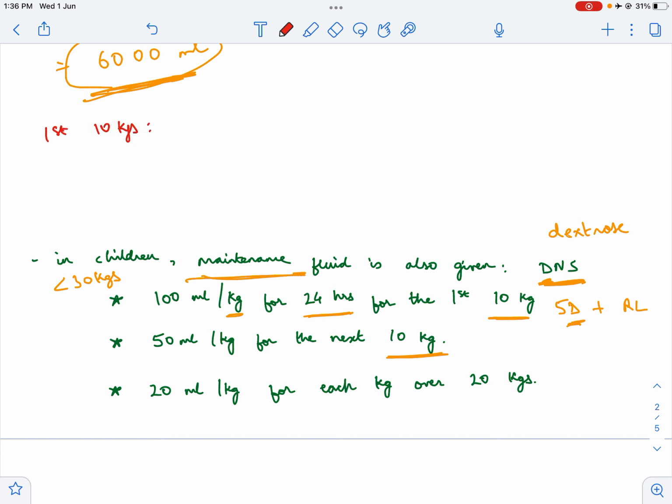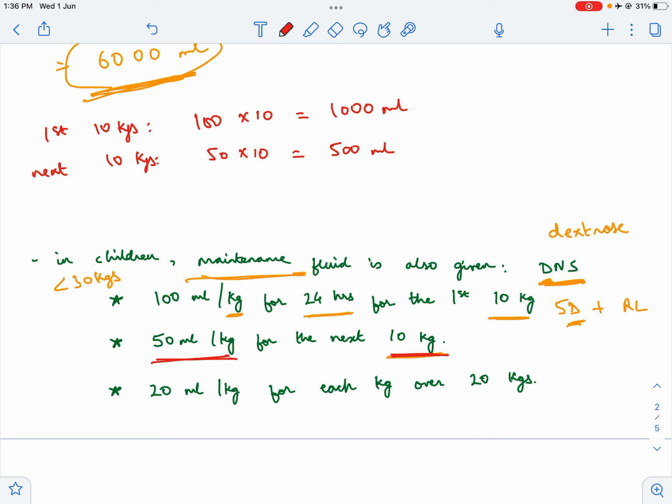First 10 kgs you will be giving 100 into 10, that is 1000 ml. Then you will give 50 ml per kg for the next 10 kgs. So the next 10 kgs you will give 50 into 10, that is 500 ml.